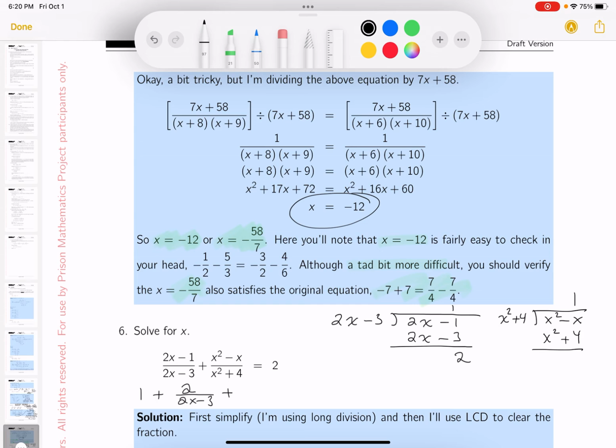And what do you get there? You would get minus x minus 4. Well, I'm going to write that down for you now. What do I get? I get 1 plus unfinished business. Well, I didn't divide minus x minus 4 by x squared plus 4. And what's that equal? It equals 2.